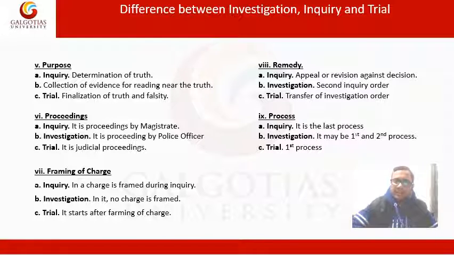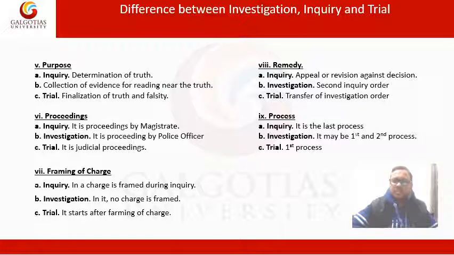The remedy of an inquiry normally is an appeal or a revision against the decision. Against investigation, there can be a second order for inquiry or a re-investigation, or the court can take the whole matter of investigation into its own hand to conduct an inquiry. The remedy for trial is transfer of the whole case.